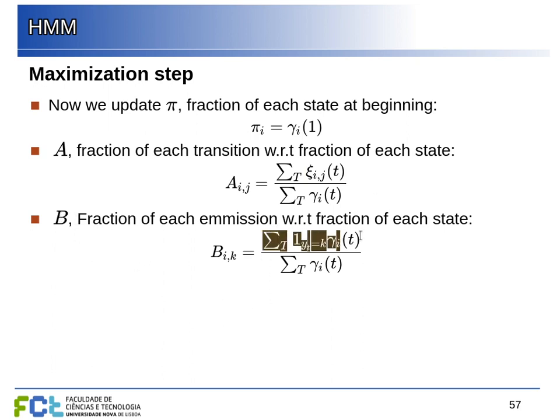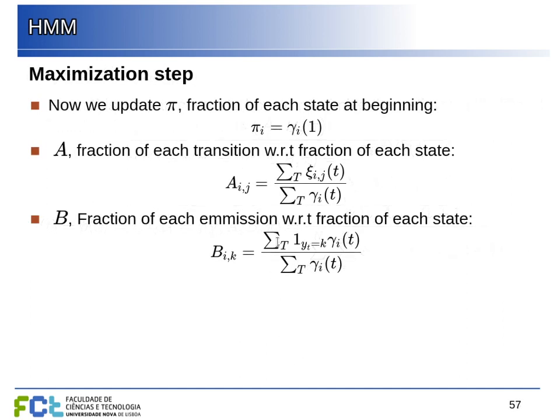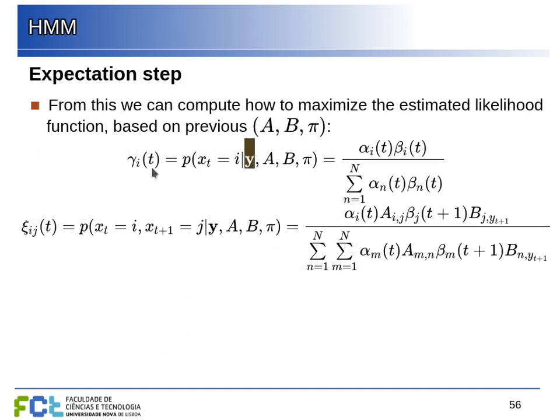So basically, we are looking here at the actual emitted sequences, emitted symbols at each particular state. So we know, because we observe the y values here, so for each particular emission that we observe, we can consider the probabilities of being in each particular state and normalize that by the sum of these probabilities of the states given the complete sequence that we computed here.